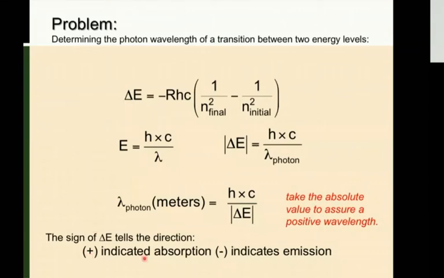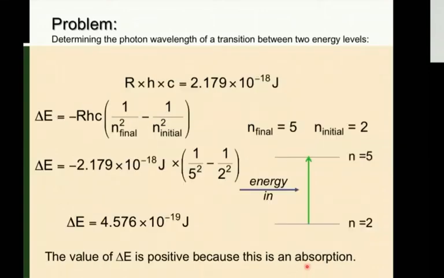So the positive or negative at this point tells us whether it's going to be absorption. If it's positive, negative means it's going to be emission. So here's an example calculation using those formulas that we have created. Our constants here, the product of R times H times C, is 2.179 times 10 to the minus 18 joules.